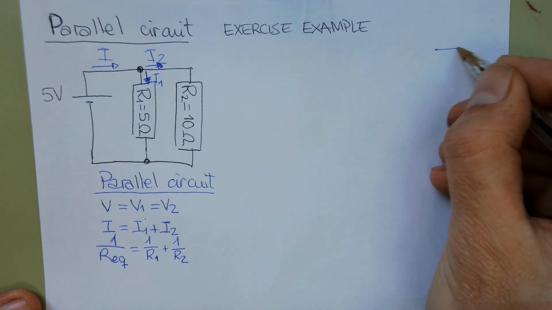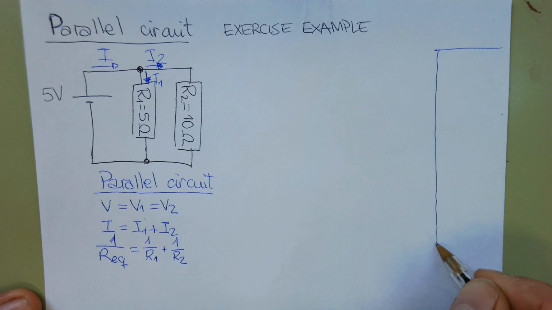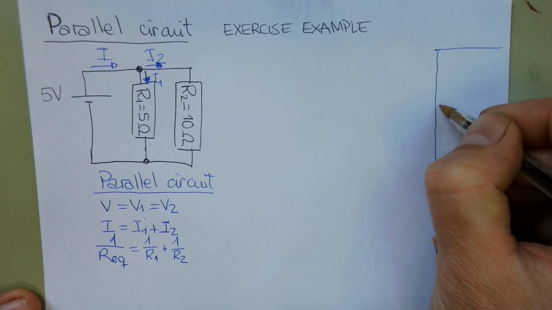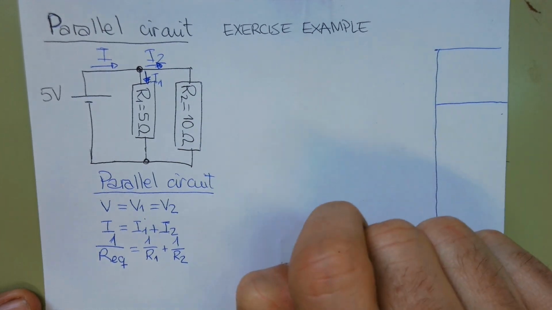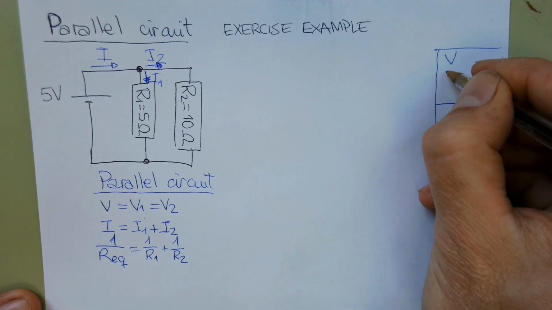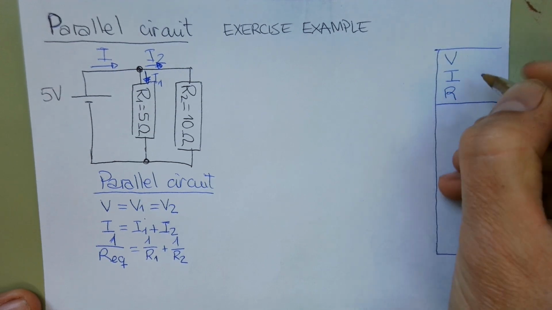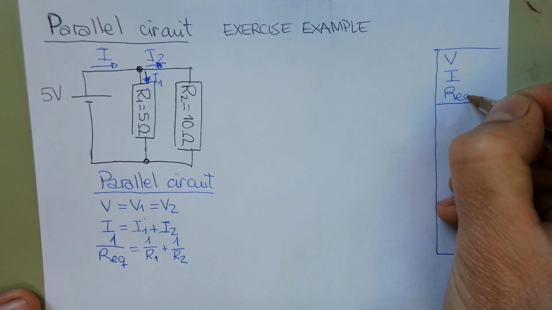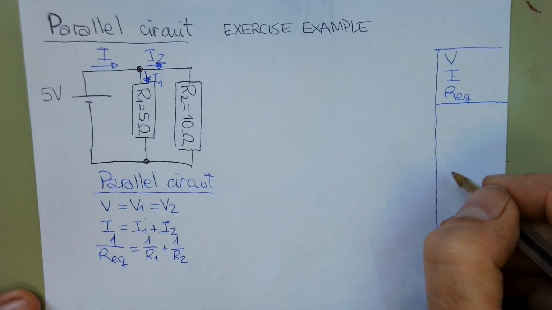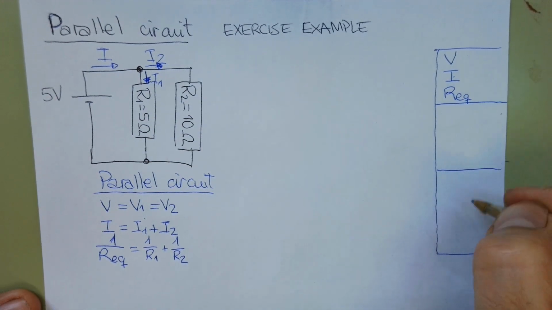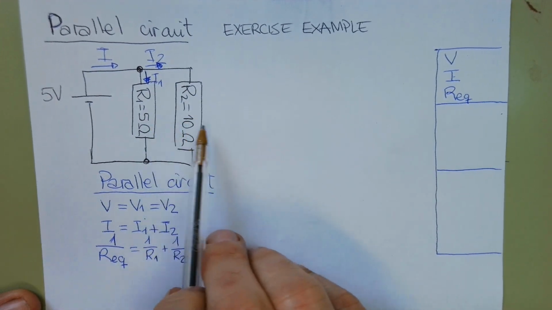In this table, remember, you can use a square for the total circuit. So you're going to write here the three magnitudes for the voltage, the current, and the equivalent resistance of the circuit, but as well one square for each component in the circuit.